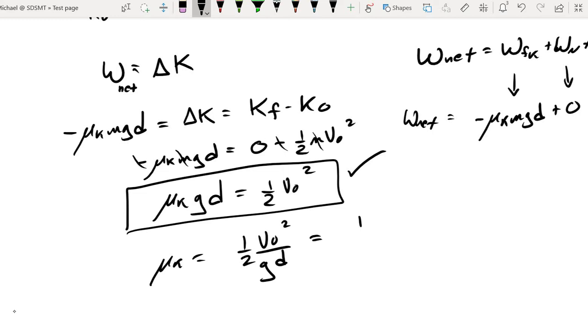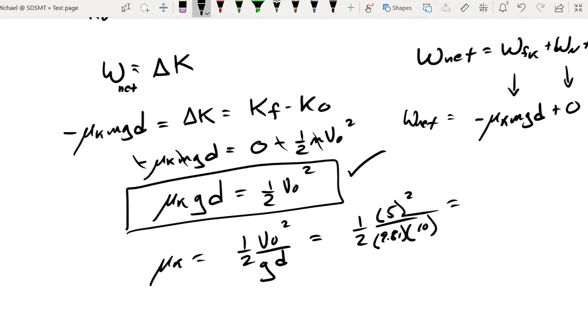These values that we have over here, these are pretty straightforward. These are things that we can control in a laboratory setting. We can't control gravity, obviously, but we know what its value is.